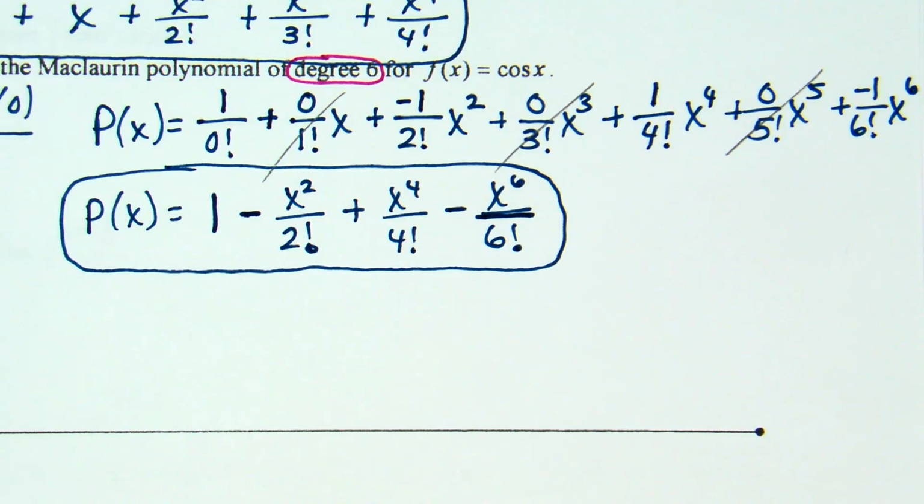I believe when you do sine, does sine work out to be odd powers? I don't remember. I think you'll find out in homework. So again, know how to set this up, know how to work it all out. Don't just memorize it, because when I ask you to do this on a test, I will be looking for more than just a memorized answer. Okay?